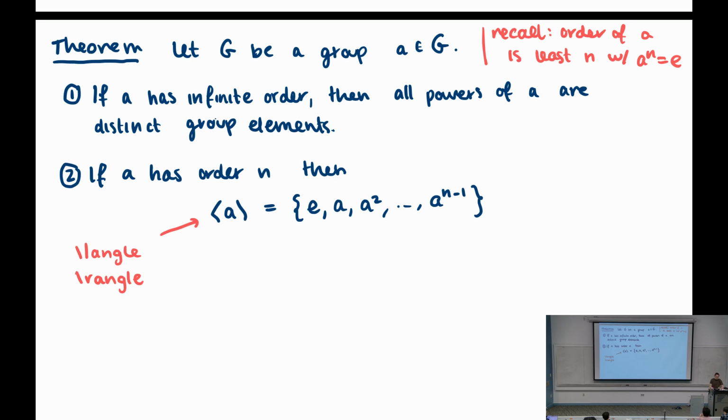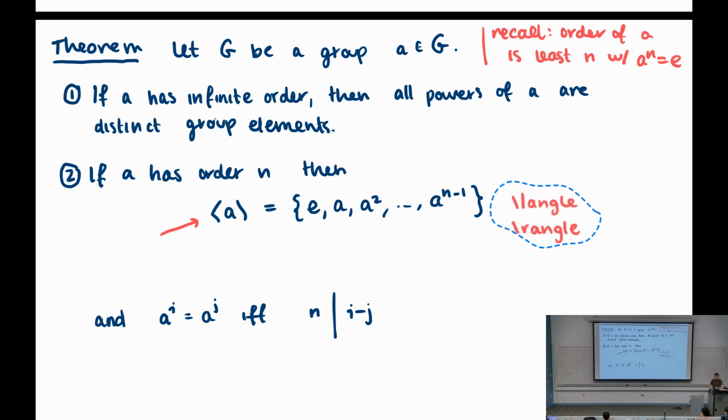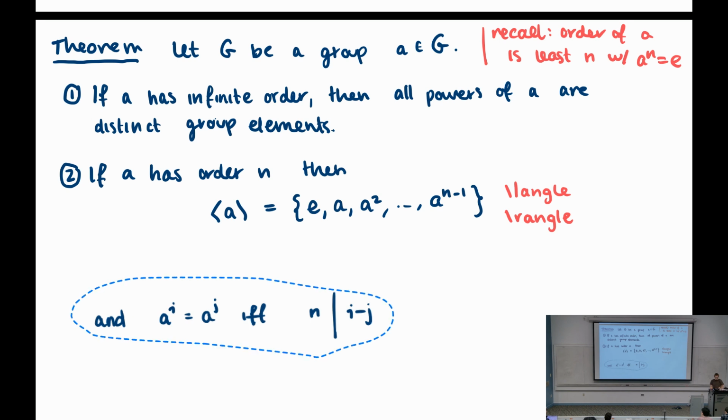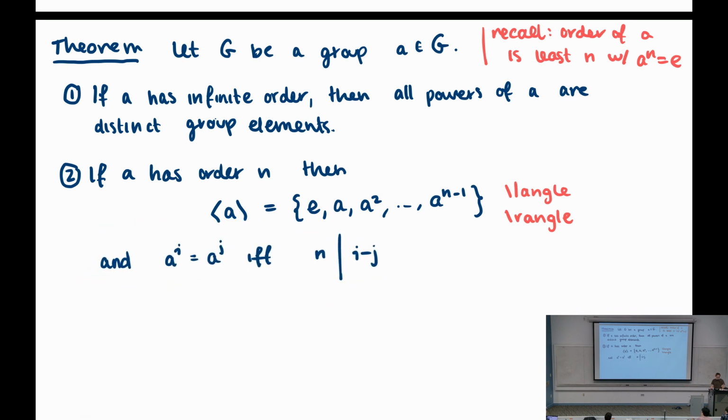And as a second part of the statement, a to the i is equal to a to the j if and only if n divides i minus j. Okay, so let's prove this theorem.